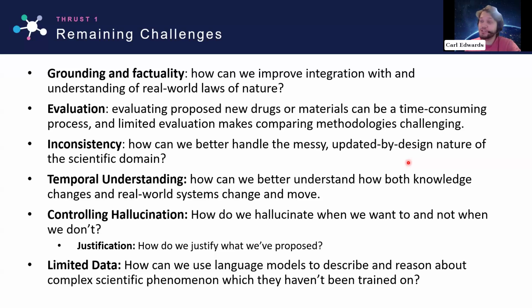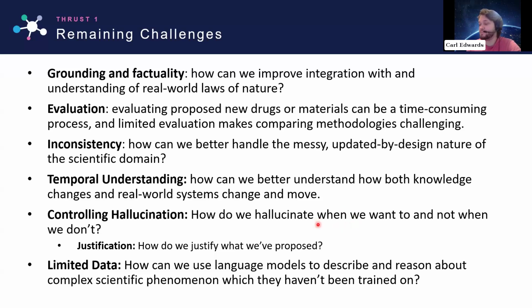Similarly, the training process for language models doesn't do a great job of teaching the model how to understand, like, this was written 20 years before this, but also understanding things like molecular dynamic simulations. How do things change over time? As I mentioned, hallucination is quite useful for discovering new things, but we also need to control it so that we don't hallucinate when we don't want to.